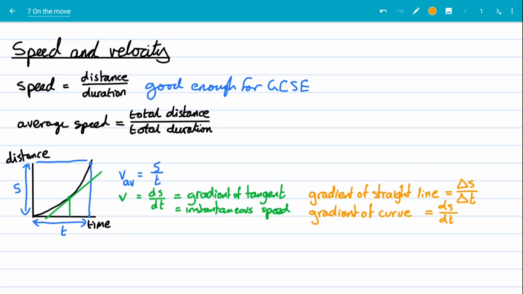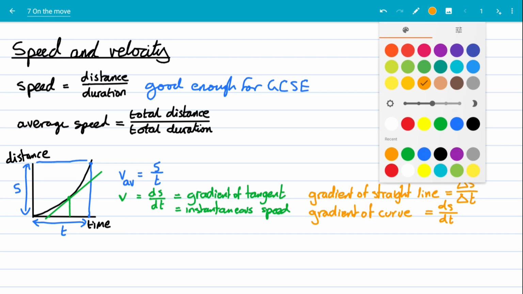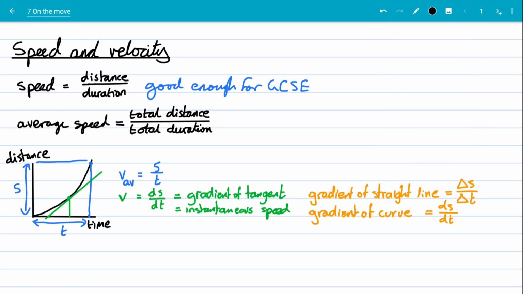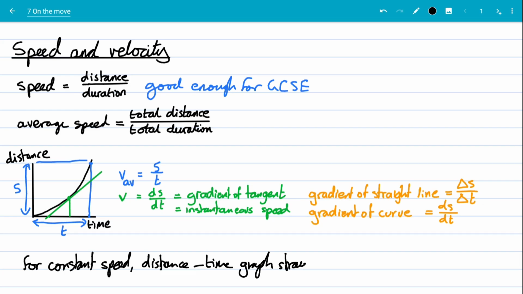Okay, we haven't got very far yet, have we? So what about if we've got constant speed? Well, if we've got constant speed, then the line on this graph will be straight. So I'll say for constant speed, the distance versus time graph is a straight line.